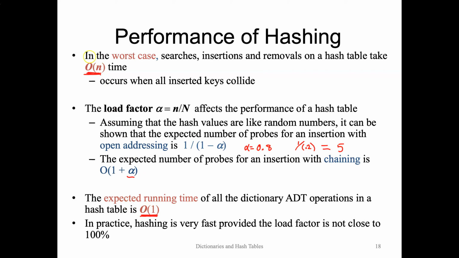The worst case running time is still linear, but we're saying that the odds that this really actually happens is low. We can expect that our operations will run in constant time. So the average runtime for all unordered dictionary, these hash table operations, is constant. So in practice, this is actually really fast, provided that our table isn't very full.